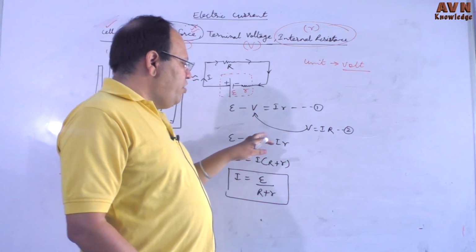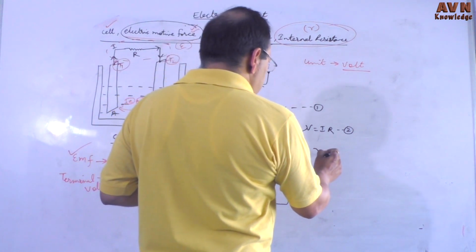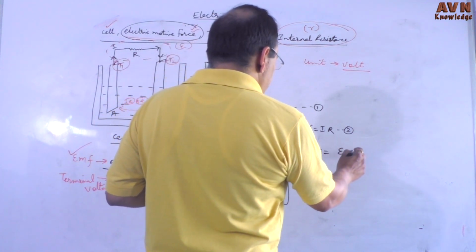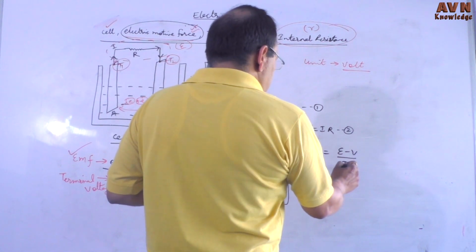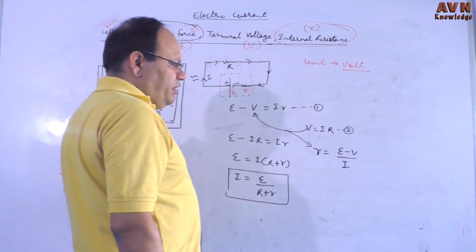What is the formula of internal resistance? From this equation, you can write internal resistance as E minus V upon I. This is the internal resistance.